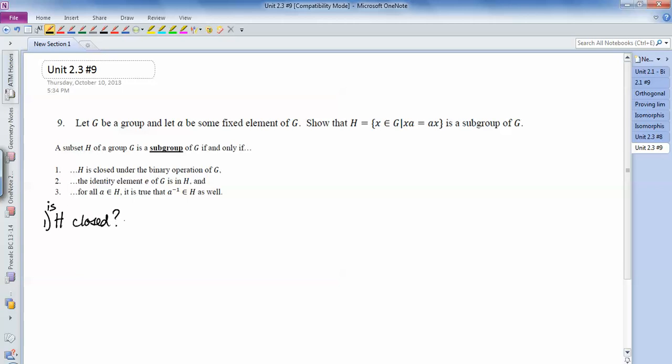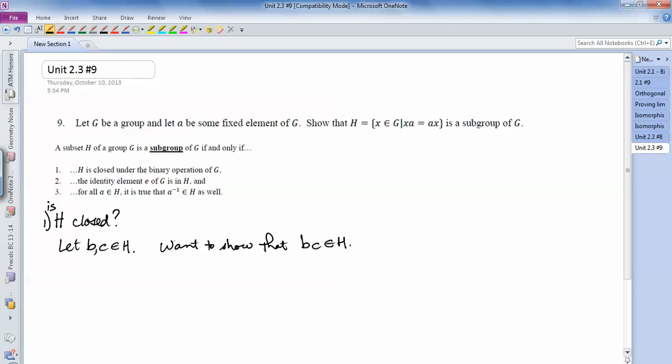Well, to check that, we're going to pick two elements in H. Since A is already taken, let B and C be in H, and we want to show that BC is also in H. Notice I'm doing that lazy mathematician thing where I'm leaving out the stars. It's all implied there. Okay, so how do we show that BC is in H?